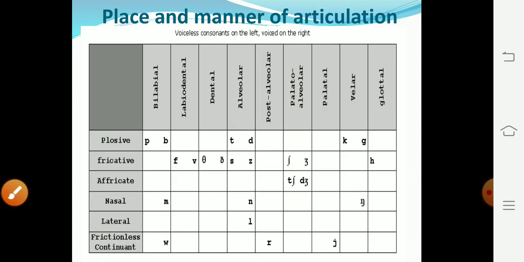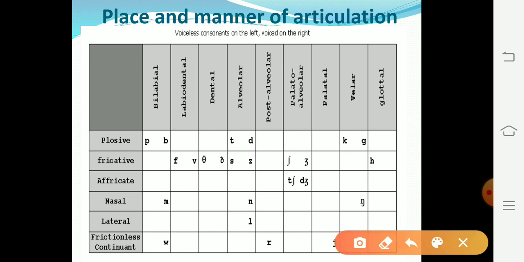This is the chart, and here we can have a look at the place and manner of articulation. The column shows place of articulation, which are arranged from the front of the vocal tract to the back.